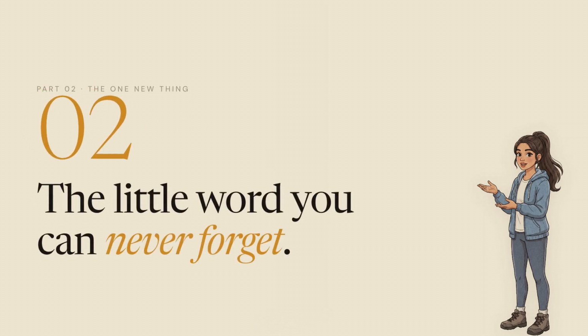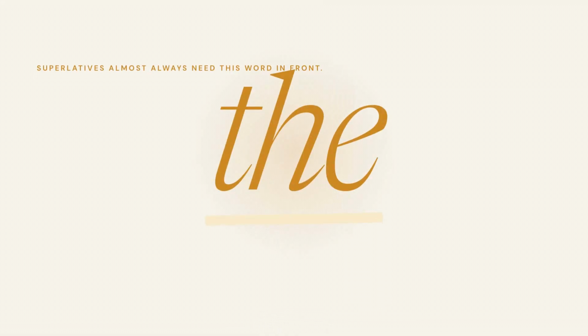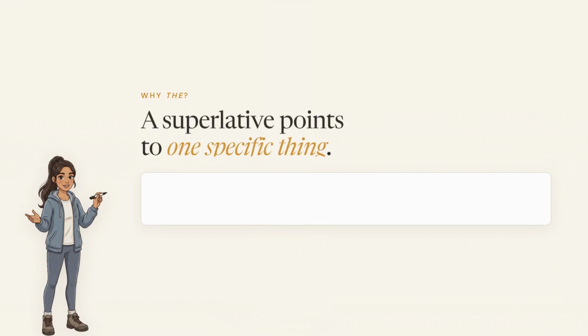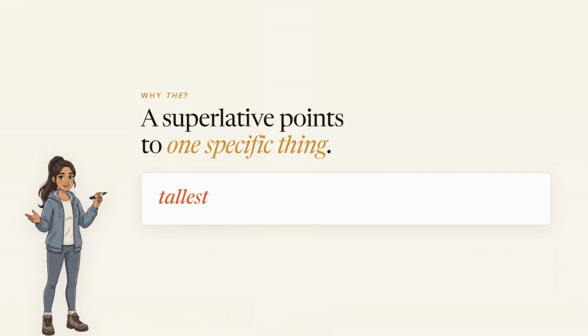Okay, here's the one genuinely new thing about superlatives, and it's the mistake I see most. Superlatives almost always need the word the in front, the tallest, the best, the most expensive. Why? Because a superlative points to one specific thing, the unique one at the top.